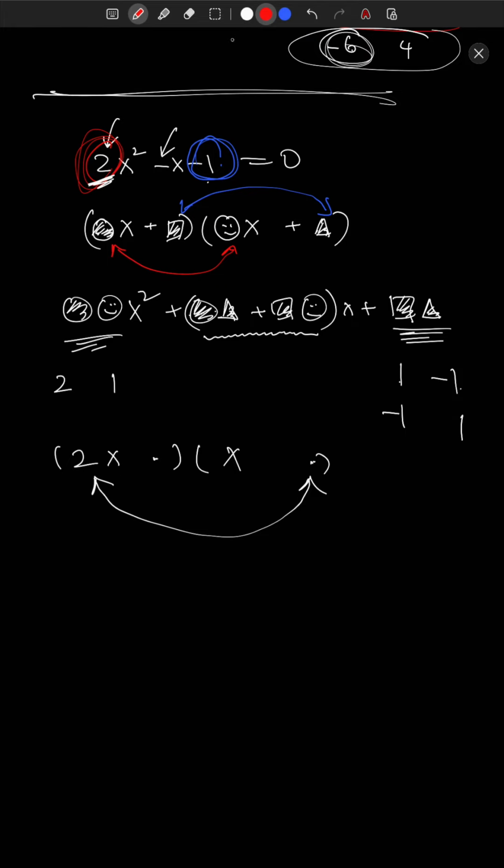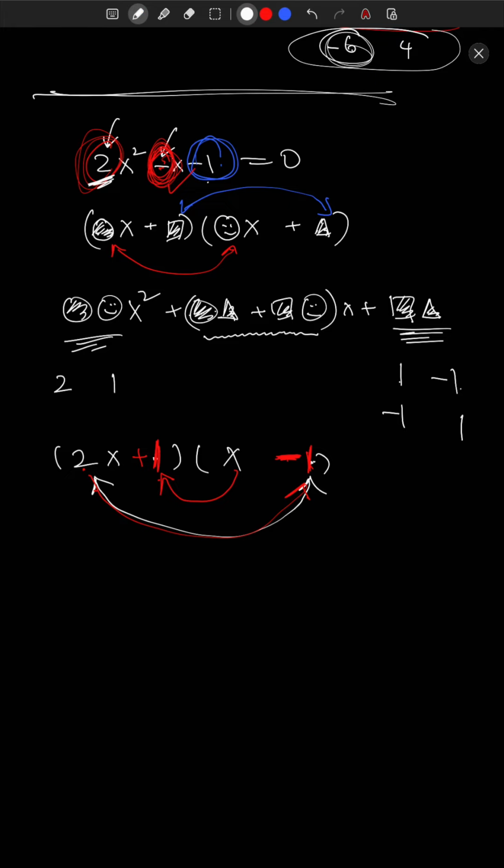But ultimately, I need a negative x here, right? So if I put a -1 here, that has to be a +1 here, right? Well, that would give me a -2 and then +1. -2 plus 1 is -1. Okay, so that's why I know that I should give the minus sign to this guy, right? Because I know that the 2 is going to hit the -1. And so ultimately, I'm going to get a negative sign there, which is what I need.